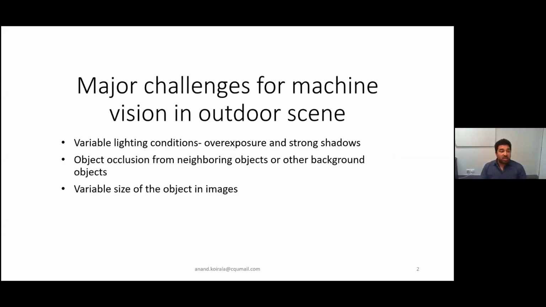There will be a lot of variable lighting conditions. There will be overexposure if you go during the day, with the sun shining on the fruits. There will be strong shadows. There will be occlusion from the fruits, from the leaves, other trees, branches, and so on. And also the variable size will matter when you train the models and do the detection.